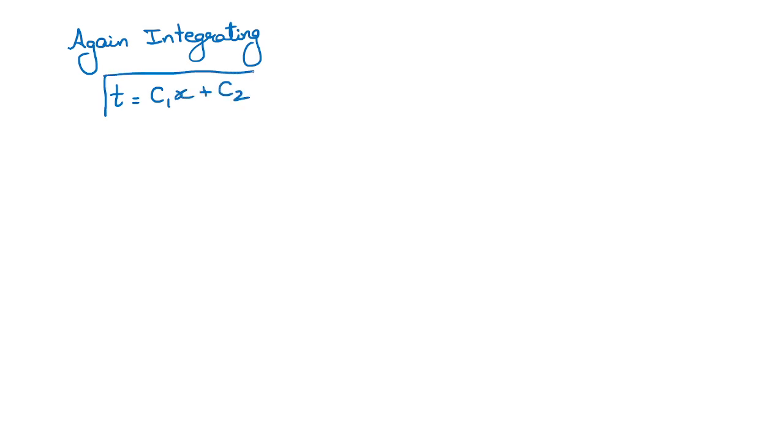Now again integrating this, we get T is equal to C1x plus C2. You need to understand this part carefully. Here you can observe that this is similar to y is equal to mx plus c, which means this is indicating a straight line equation.